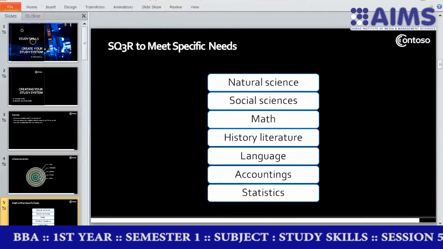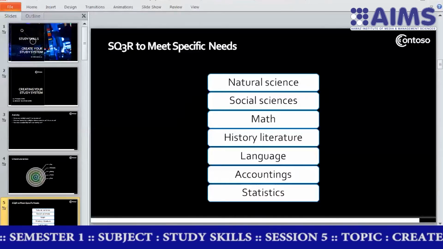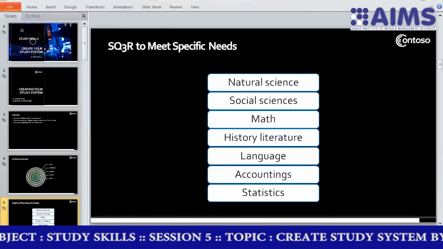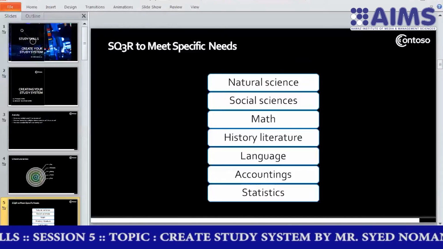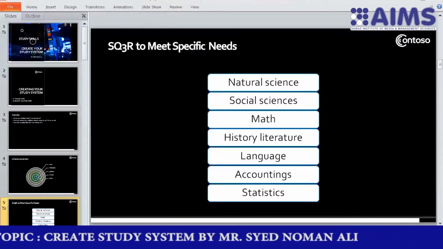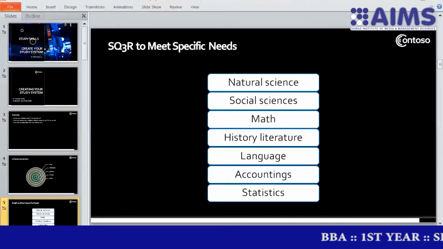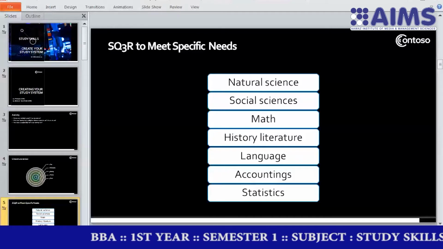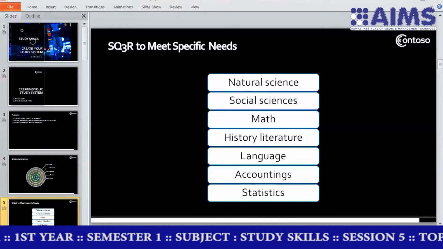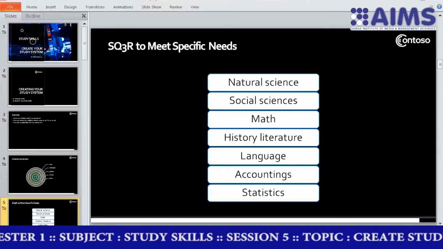And the most important thing is how we create a system that helps us develop and understand all these subjects well. History and literature have a different approach. When you study language, the grammar of Urdu, English, Arabic, Persian, whatever the language is, when you want to learn linguistics, you will stay focused on the grammar.